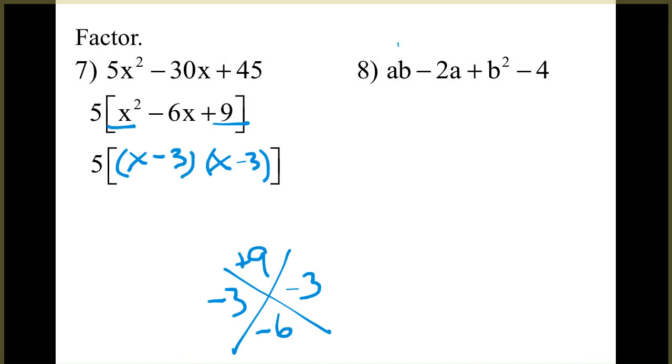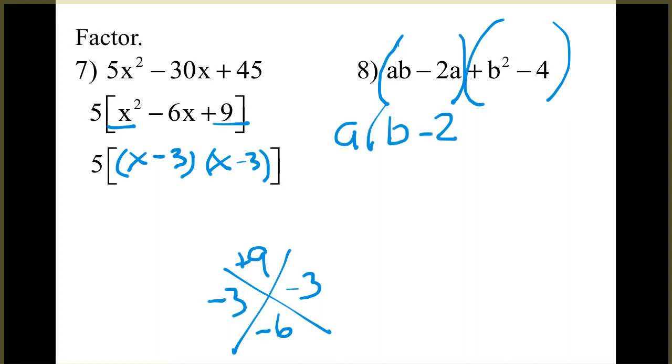Next one, number 8, factor out a GCF. And so the first one, I'm going to pull out an A. And what I'm left with is B minus 2.